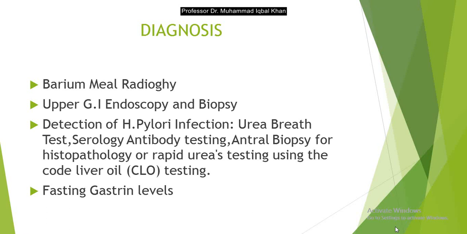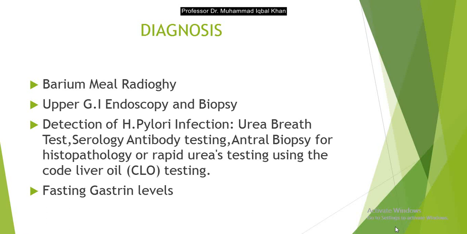Detection of H. pylori infection: urea breath test, serology antibody testing, and antral biopsy for histopathology or rapid urease test using CLO testing, are ways to find out H. pylori infection.